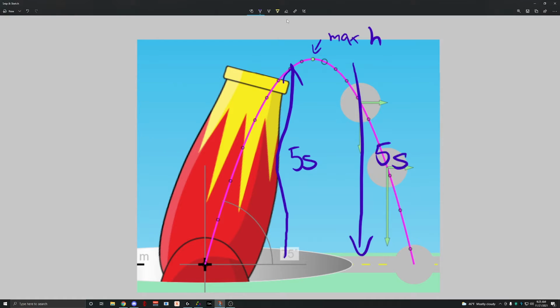And that's just an assumption you can make. So if your total time is 10 seconds, then up to max height would be 5 seconds and down would be 5 seconds, right? Again, these are some assumptions you can make.